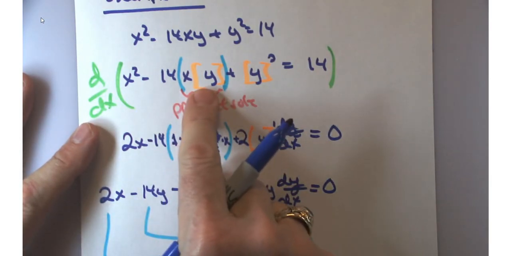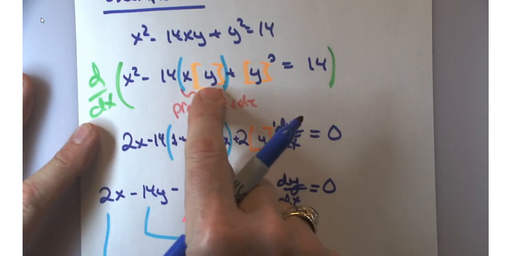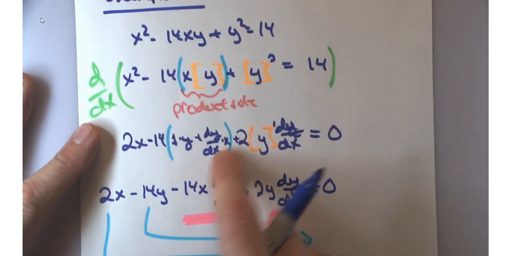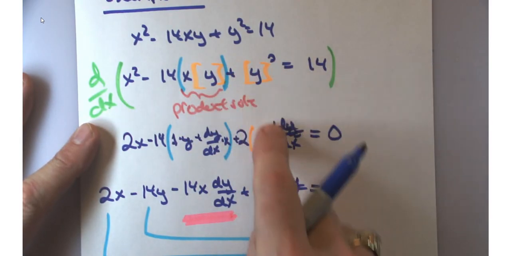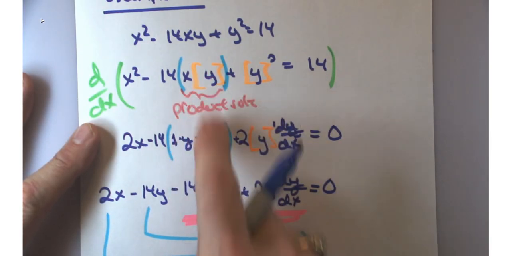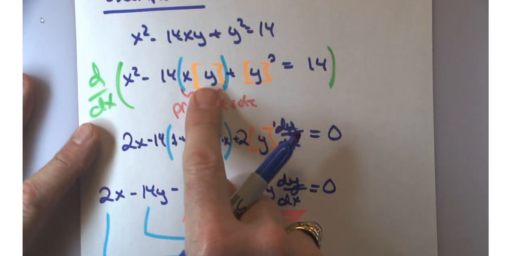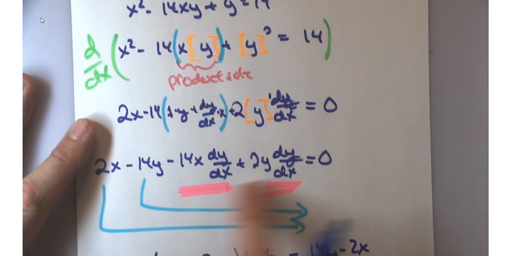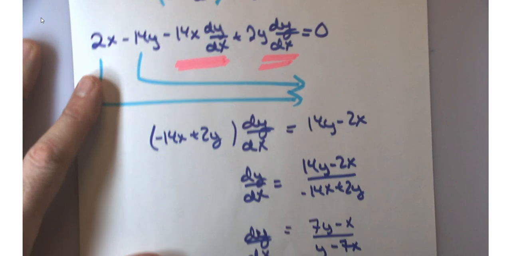That means whenever you differentiate this term in y, you've got to have a dy by dx term for it. So derivative of the outside times derivative of the inside, we got the dy by dx. Using the product rule here, I got a dy by dx when I differentiated that. Distribute, solve for dy by dx.